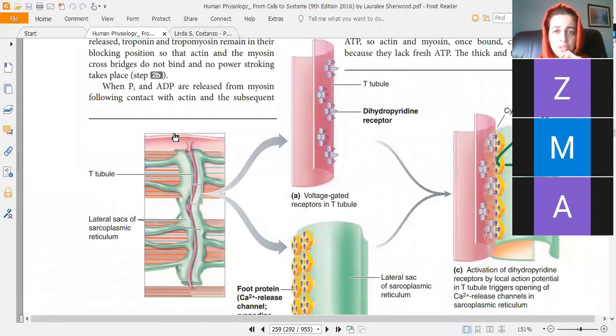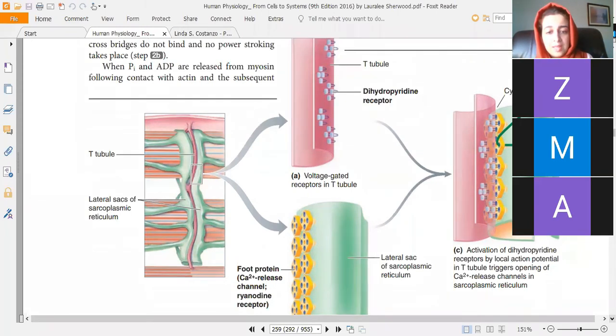When the action potential reaches the T tubules, after the neuromuscular junction is activated, the action potential spreads along the membrane and reaches the T tubules. Inside the T tubules are dihydropyridine receptors, special receptors which are physically linked to corresponding receptors on the cisterns of the sarcoplasmic reticulum.